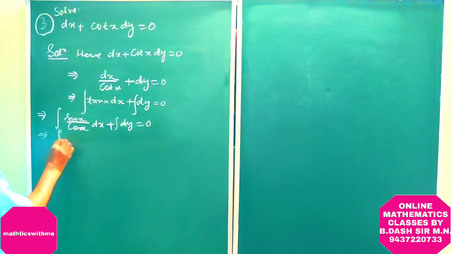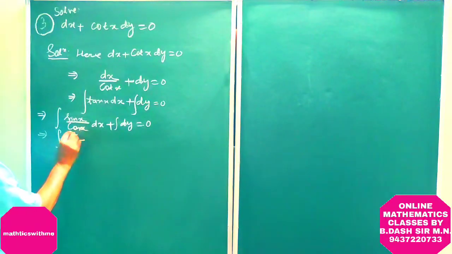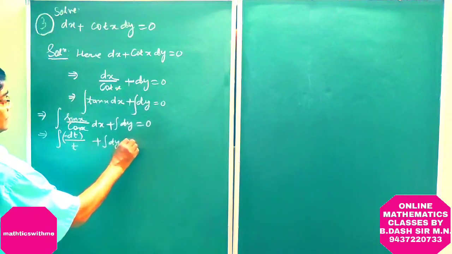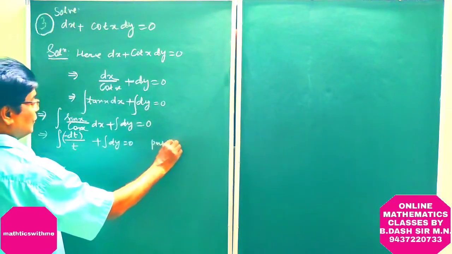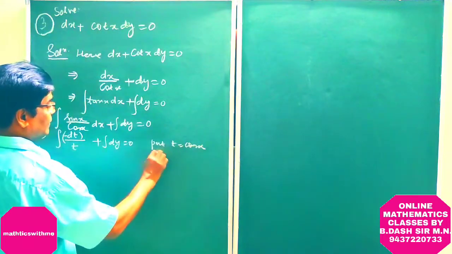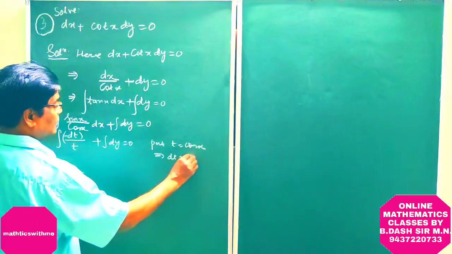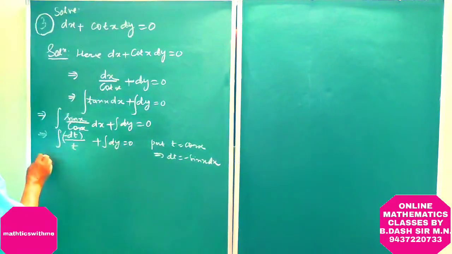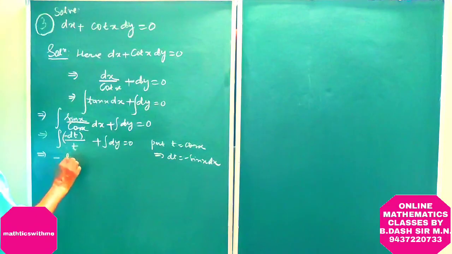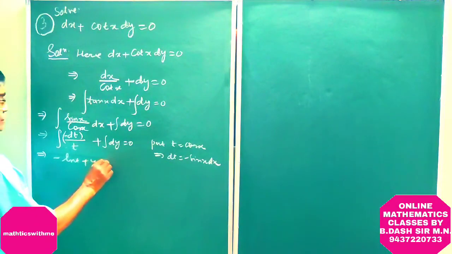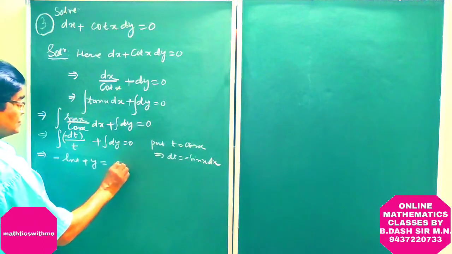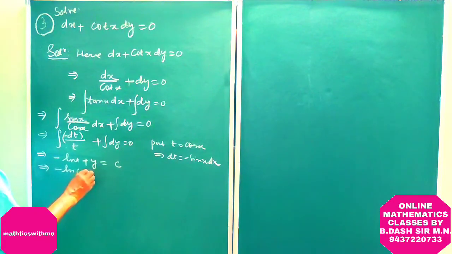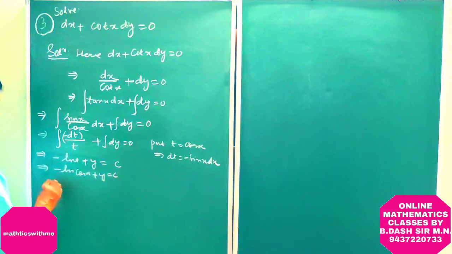This implies integration of minus dt by t, plus integration of dy is equal to 0. Put t is equal to cos x, implies dt is equal to minus sin x dx, implies minus ln t plus y is equal to c. This implies minus ln cos x plus y is equal to c.